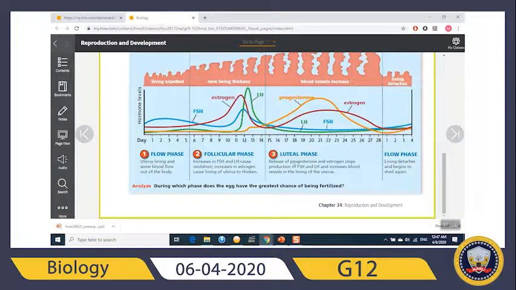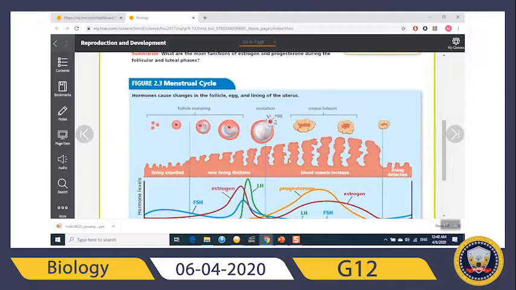So the release of progesterone and estrogen stops production of FSH and LH, and increases blood vessels in the lining of the uterus. And this is why there is blood discharge with other materials during the period, the menstrual cycle, because we have an increase in blood vessels in the lining, the endometrium. Okay.